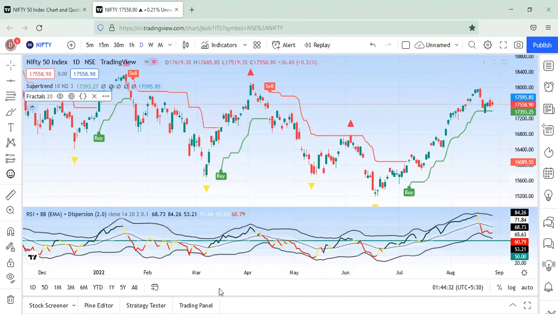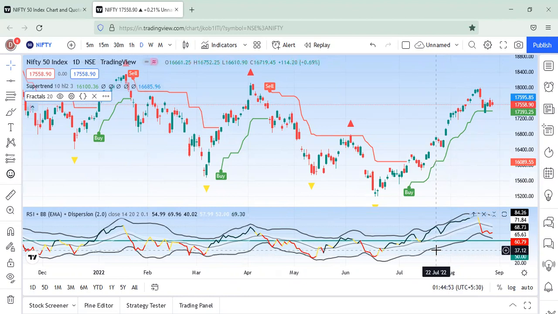And the lower indicator which I'm using is RSI, and I have placed this line here at 50. This 50 RSI level is considered by me and many others as one of the best positions.